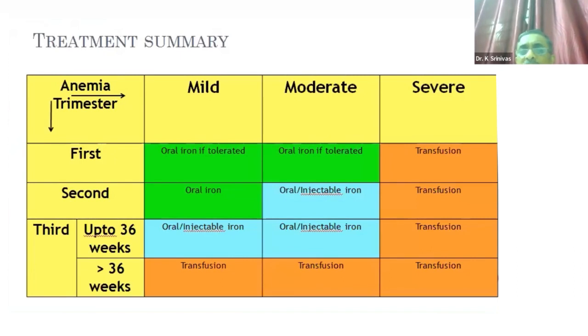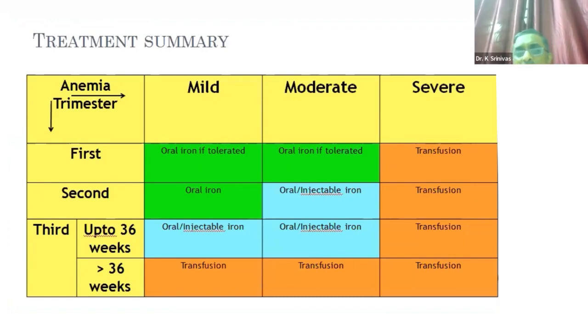So to summarize the treatment: mild, moderate, severe anemia; first trimester, second trimester, and third trimester. In the third trimester, up to 36 weeks and more than 36 weeks. You just remember the pattern I have given. Upper 3 squares, oral iron.